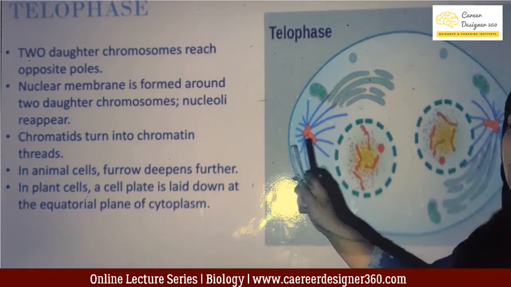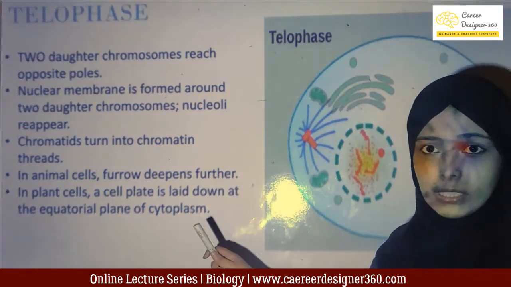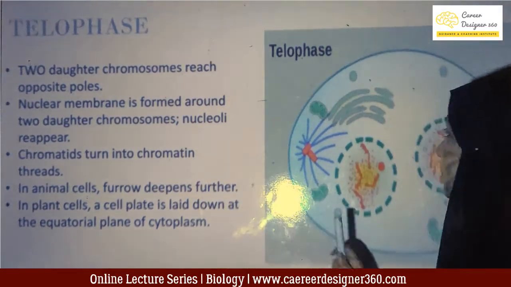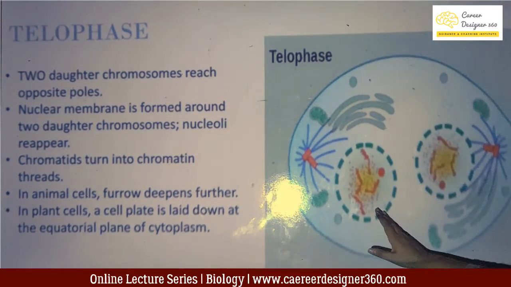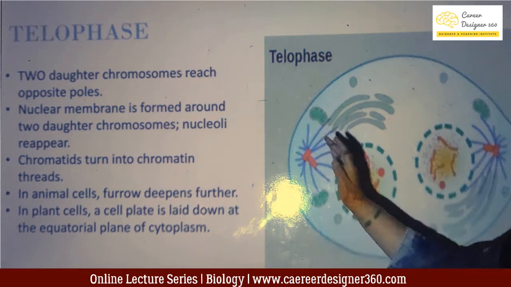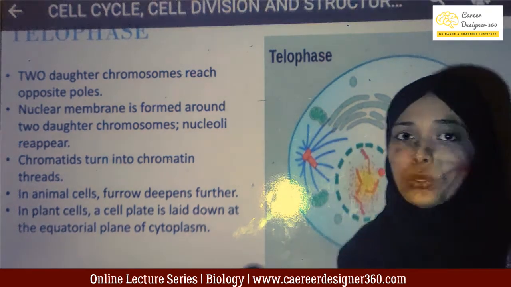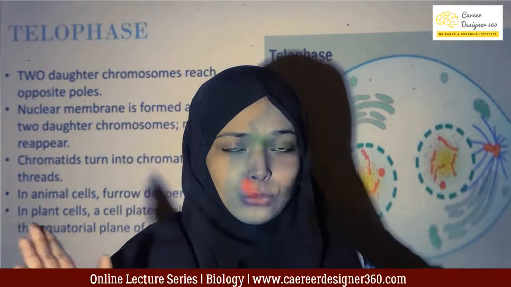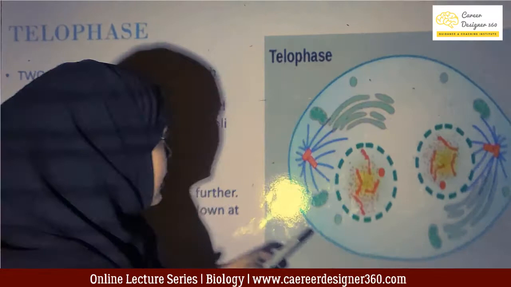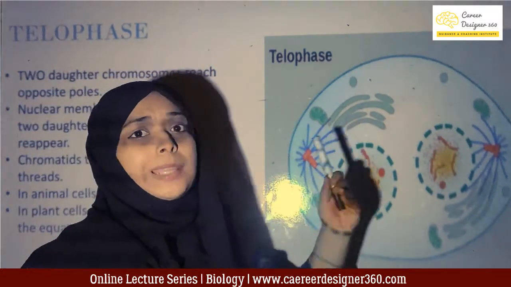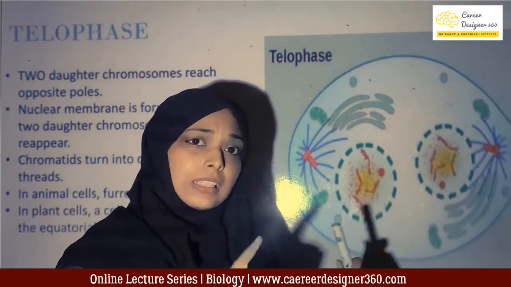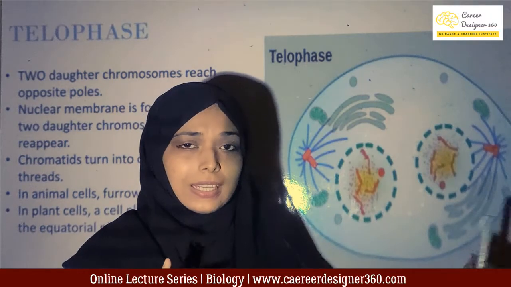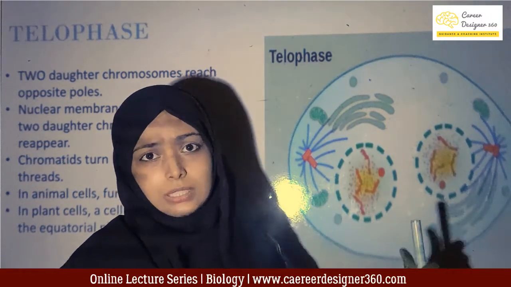Now we come to the last stage of mitosis known as the telophase. In telophase, we see the two daughter chromosomes reach the opposite poles. In anaphase we had seen the two chromosomes were separated out and they moved towards the two poles of the cell. Now by the time the cell reaches telophase, the chromosomes have already moved towards the opposite poles.